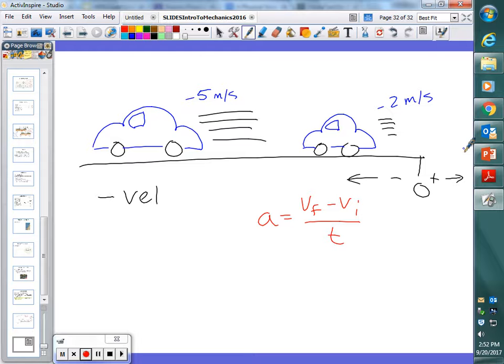But we have to subtract negative 2, so you're really adding. Negative 5 minus a negative 2 is not 3, it's negative 3. So when we do the acceleration, we come out with what kind of acceleration? A negative acceleration. But what happened to this car? It went faster. So here's the gist.